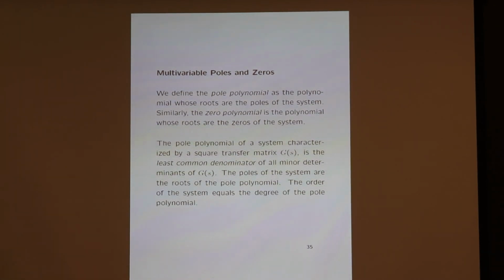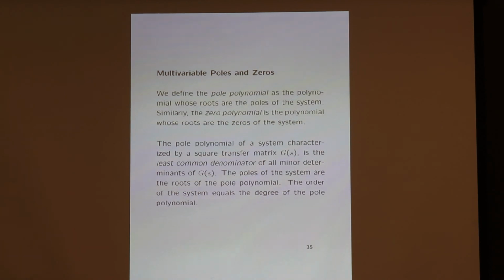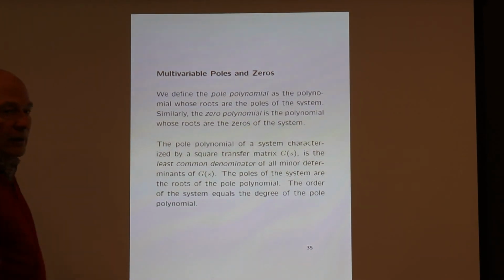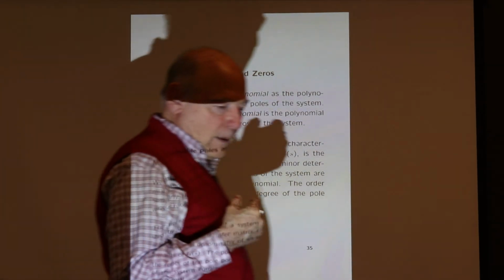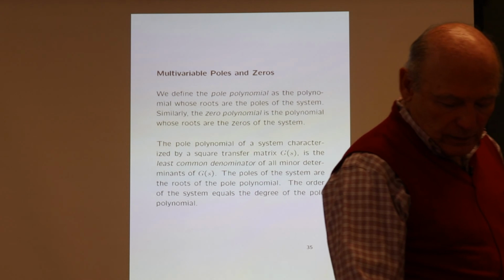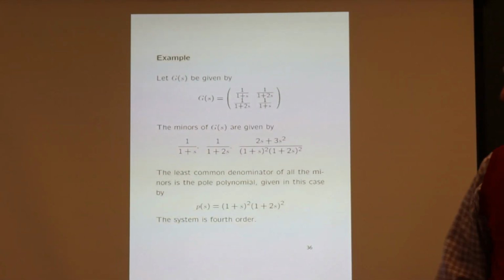That is the pole polynomial. And so the poles of the system are the roots of that pole polynomial. And the order of the system equals the degree of the pole polynomial. That is the true order of the system. It might differ from the dimensions of the matrix in the system.